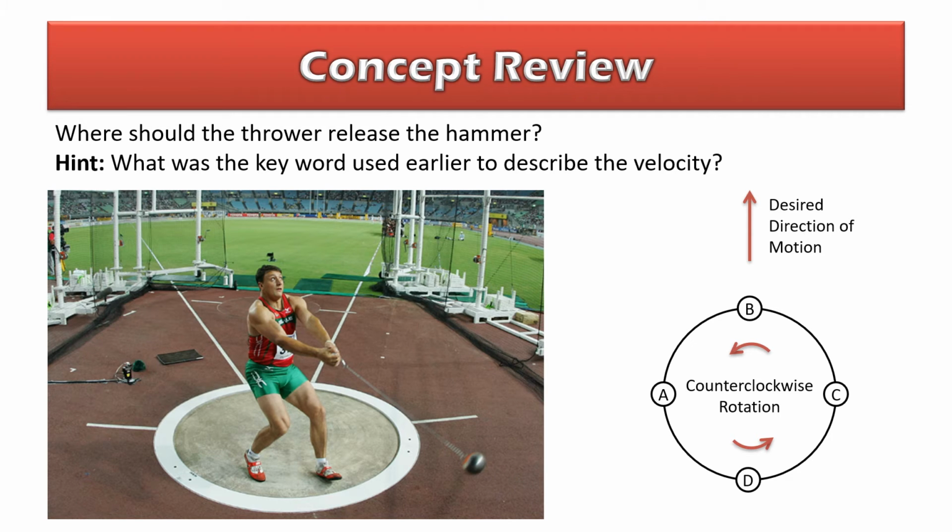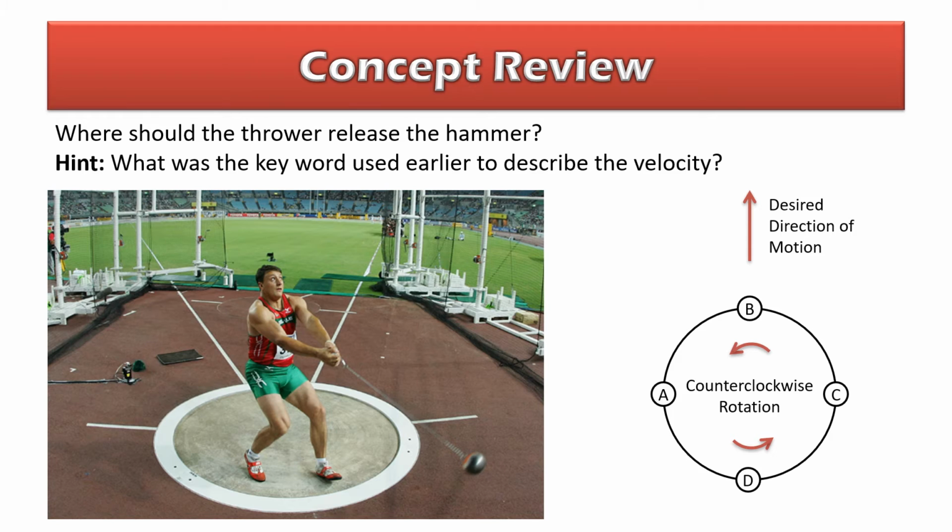So over here I have the diagram. They're moving around in a circle this way, and they want the hammer to go this way. So where should they release it? Pause the video and think about it. Some people say, well, they should release it right here because that's closest to the desired motion. But remember the hint: what is the key word used earlier to describe the velocity?